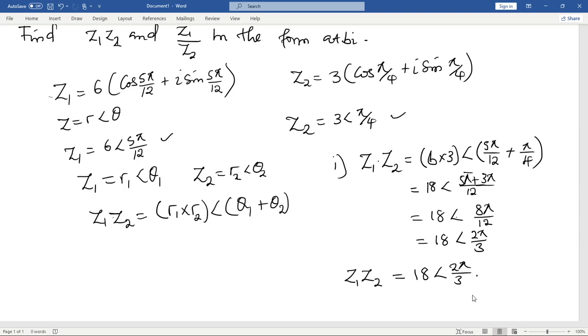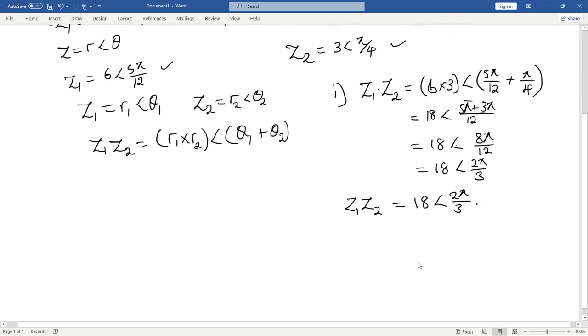Now, remember we need to express our answer in rectangular form. In the previous video, I talked about how to change a complex number from polar form into rectangular form.